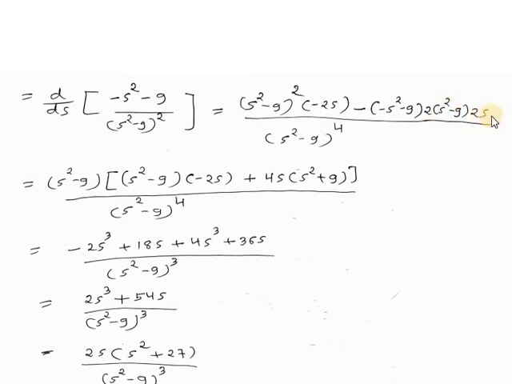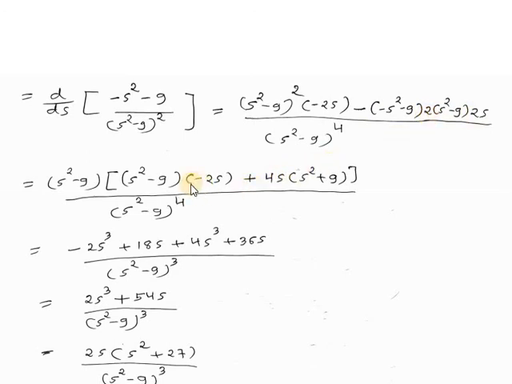And derivative of 9 is 0. Now here s square minus 9 is common, so it will be (s square minus 9) in bracket (s square minus 9) into minus 2s plus 4s into (s square minus 9), because here minus is also common and 2 into 2s is 4s.